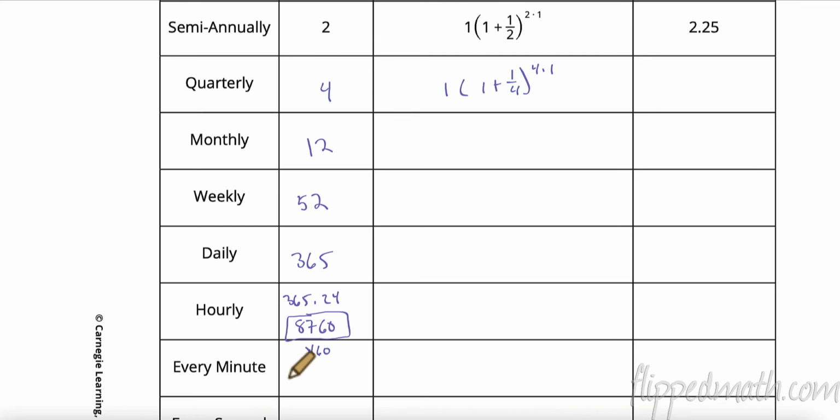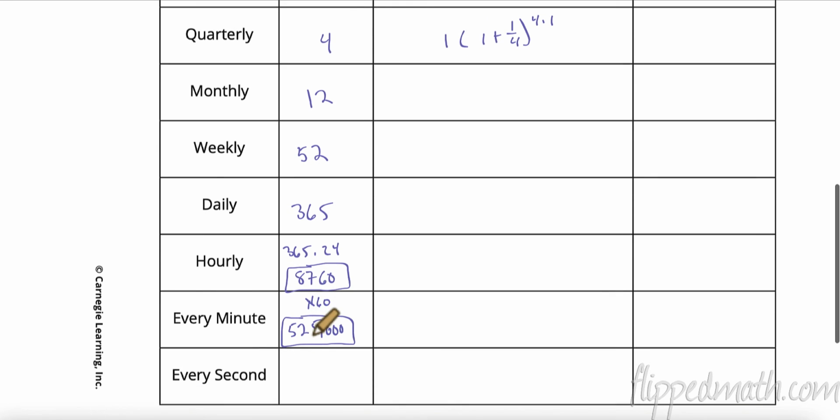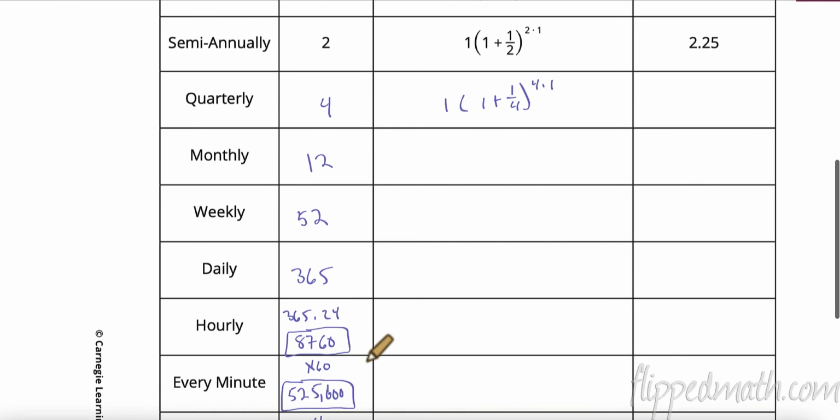So that gives me 525,600 minutes. That's insane. And then seconds, even more. Multiply that by 60, and let's see here, 31,536,000 seconds. All right, so I want you to put those in the formula and see what you get.